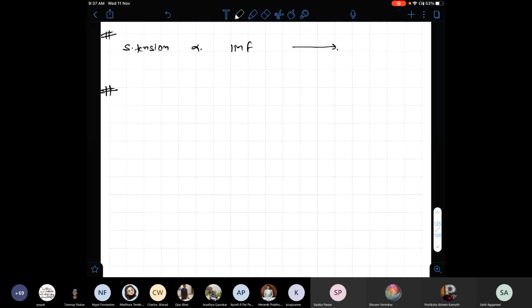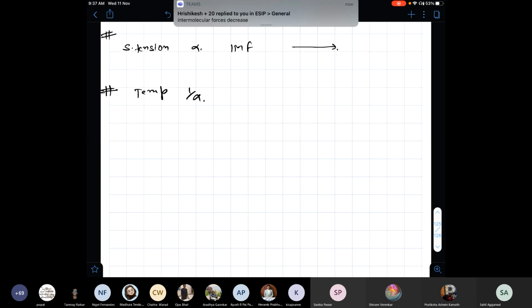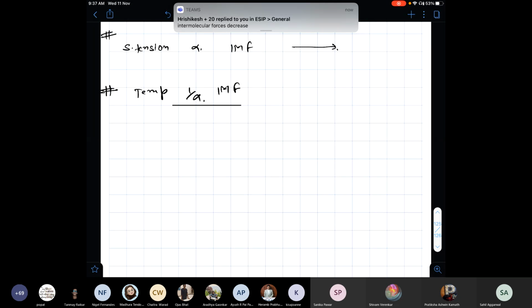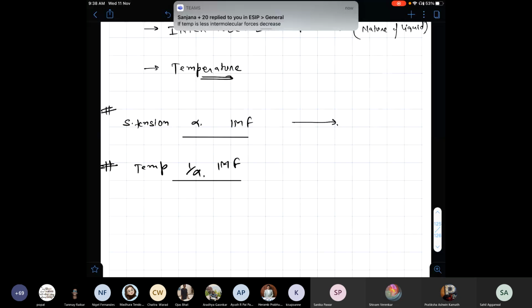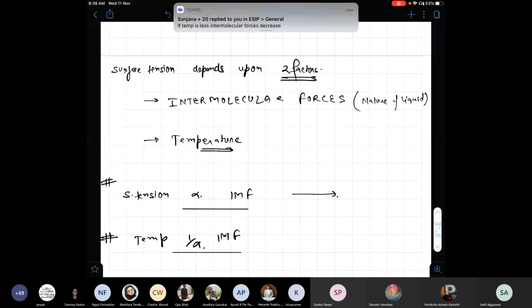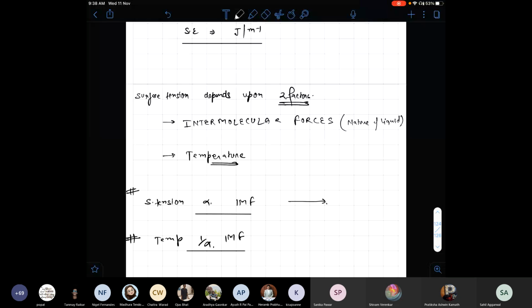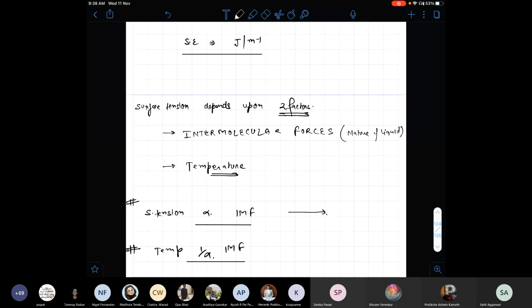Intermolecular forces become weak on increasing the temperature. Sakshi, reverse is true. Understood. Sanjana, it's high. When temperature is high, intermolecular force will decrease. You will be able to break the bonds. Understood, all of you?